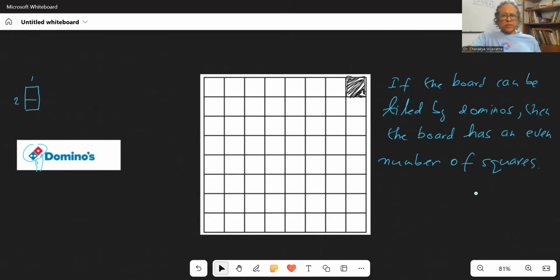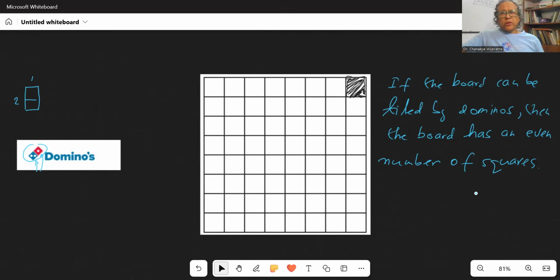This is because each domino covers two squares. If you can cover the whole board, the number of dominoes times two means that the board has an even number of squares. Now, this board doesn't have an even number of squares, because 8 by 8 has 64 squares. One square is removed, so it has 63 squares.